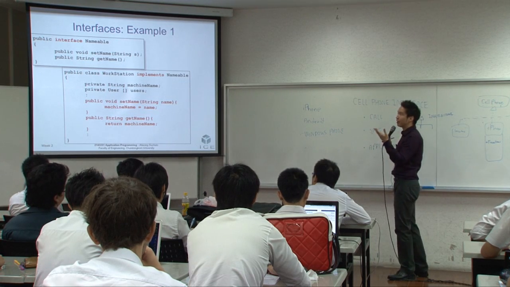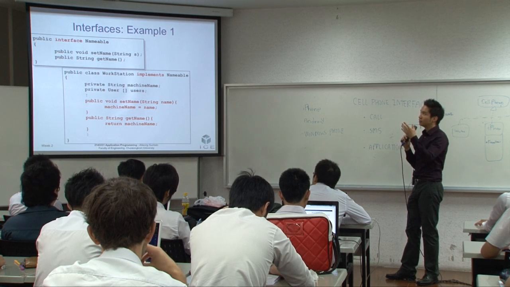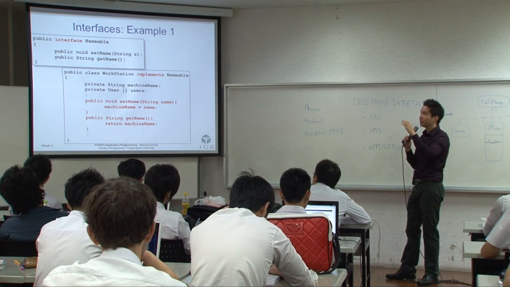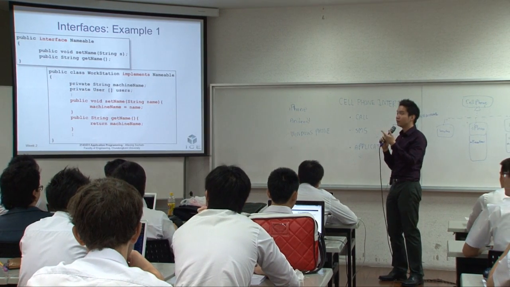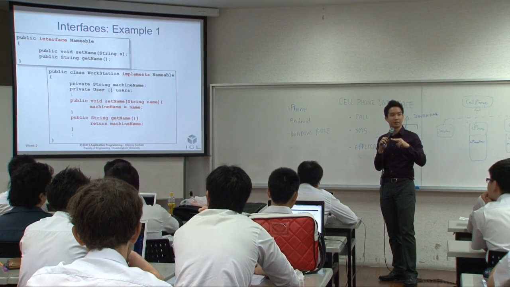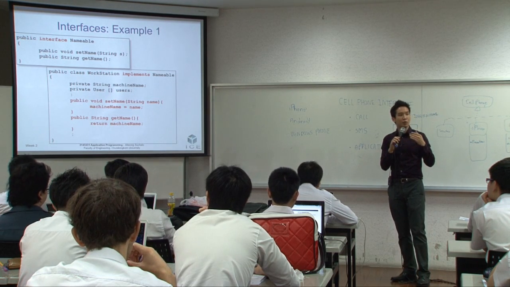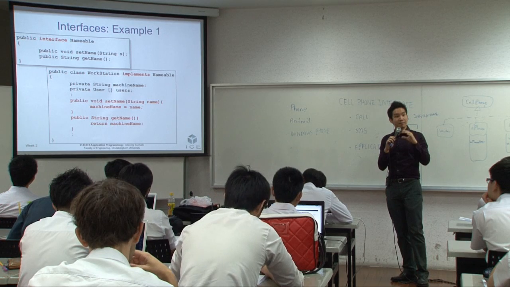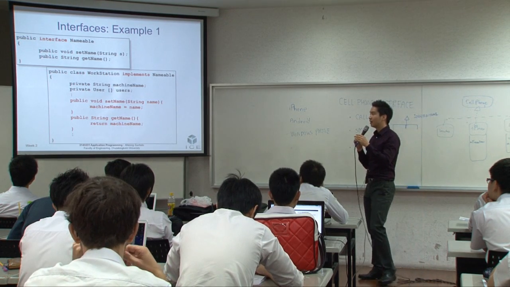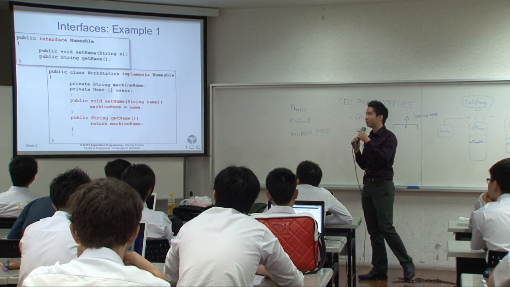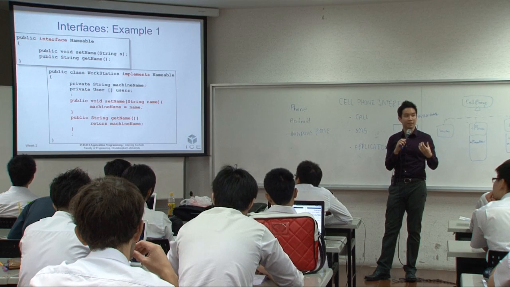This is an example of how you would use an interface. Up top, you would create an interface called nameable, and you see that it has two methods, set name and get name. So whichever class that implements the interface nameable has to be able to set its name and also be able to retrieve the name.